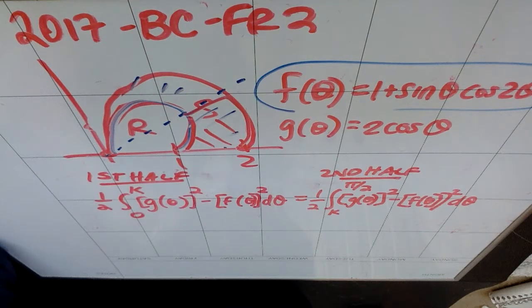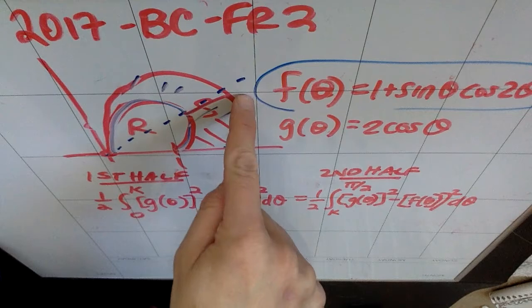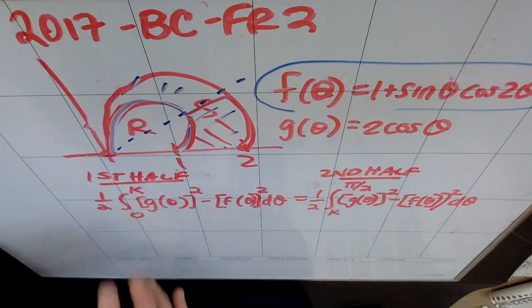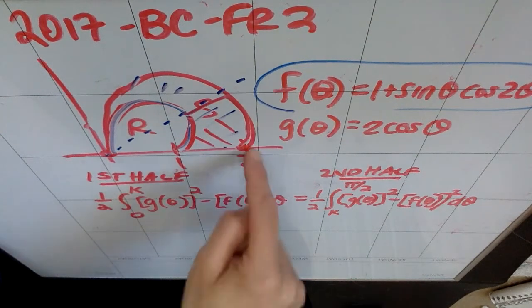The other way that you can do this, and the AP is often a fan of doing this, is to say that if you integrate from 0 to k, it should be 1/2 of what would happen if you did the same thing but integrated from 0 to pi over 2.